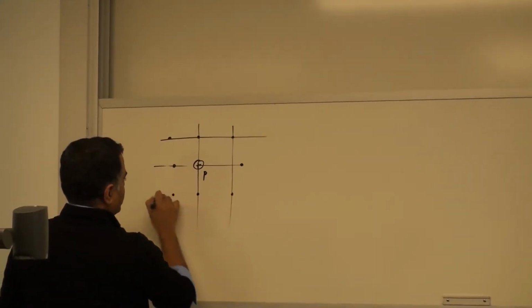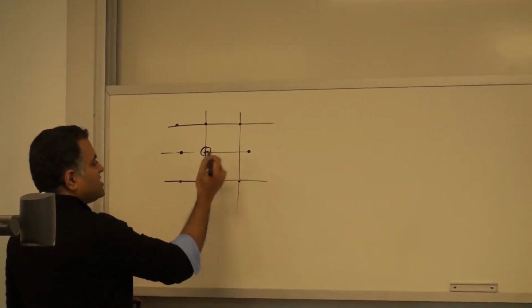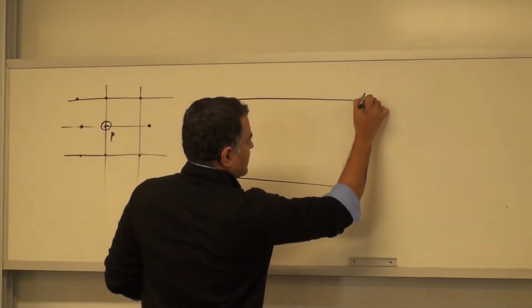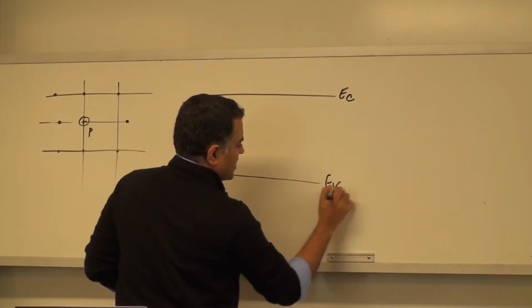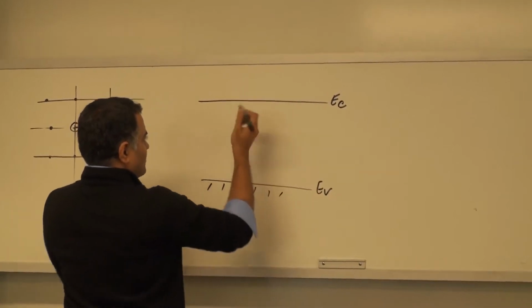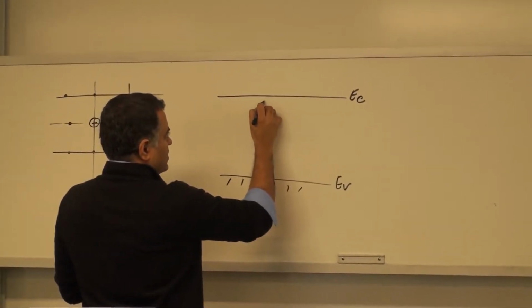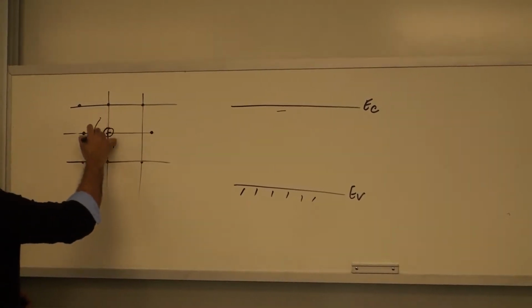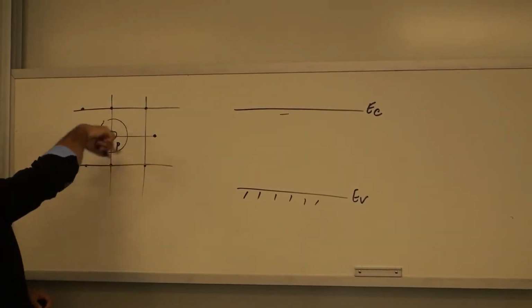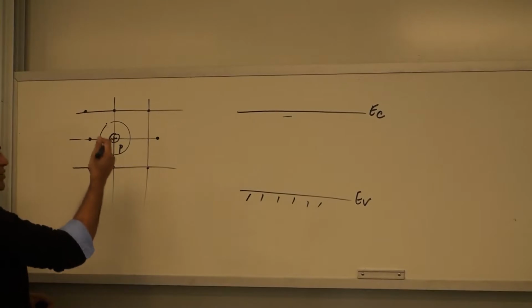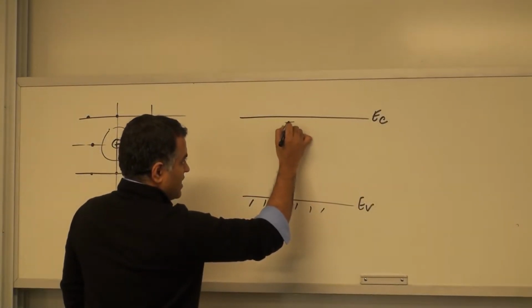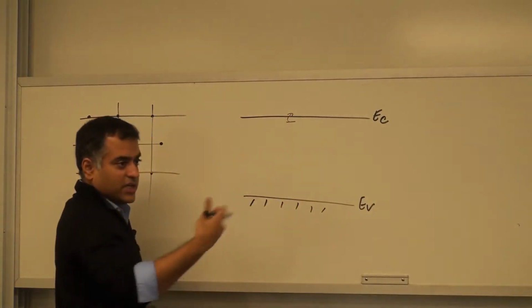It's not the best example, but let's say the donor level is rather deep, meaning here's the conduction band edge, here's the valence band edge, and we have discussed a little bit about donor levels. If the donor energy level, the quantum mechanical energy state or eigenvalue of that extra electron that came with this donor atom, is very close to the conduction band edge, then room temperature can easily ionize it.